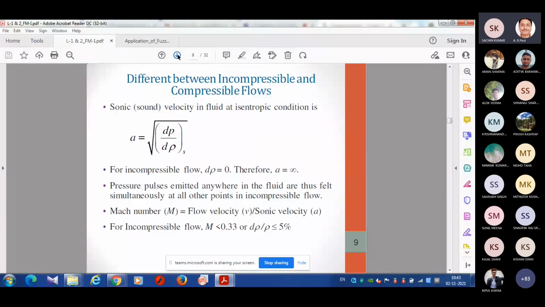We'll mostly discuss compressible flows because that is the takeaway. We are not dealing with solid but fluid in this course. So our objective is to deal with compressibility. This is another way to see the compressibility definition. We'll find out the speed of sound in an isentropic condition, without proof.